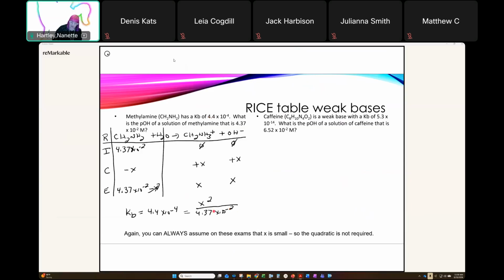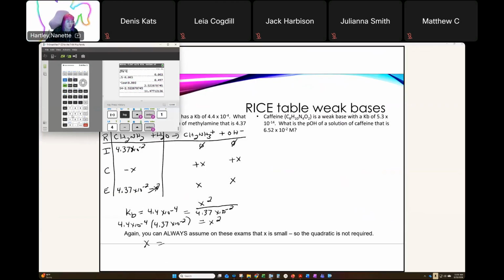I can multiply 4.37 times 10 to the minus 2 by both sides. So 4.4 times 10 to the minus 4th times 4.37 times 10 to the minus 2 is equal to x squared. 4.4 E negative 4 times 4.37 E negative 2 gives me 1.9228 times 10 to the minus fifth.